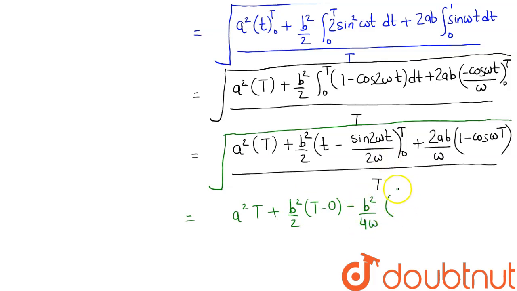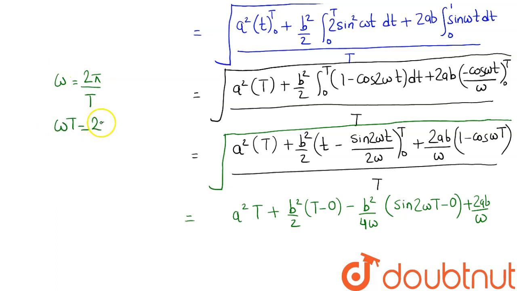Now substituting the limits, this comes as sine of 2 omega into T, and sine of 0 is 0, and this here is 2AB divided by omega, and then here omega is equal to 2 pi divided by T. Hence omega T comes out to be 2 pi.